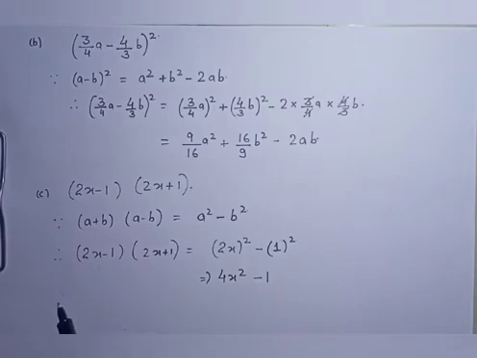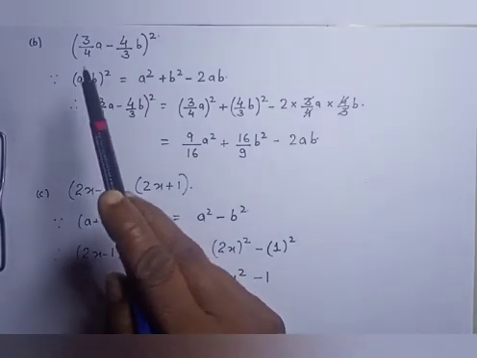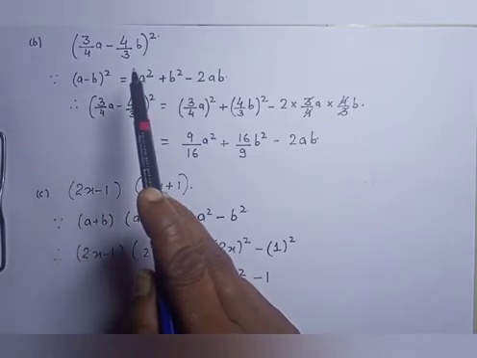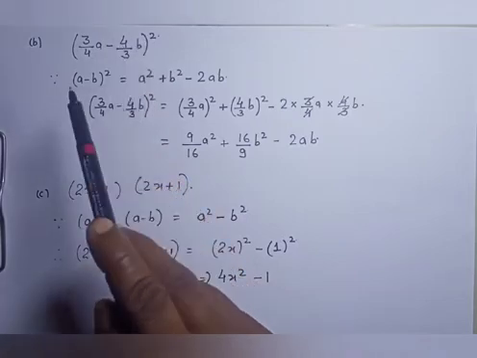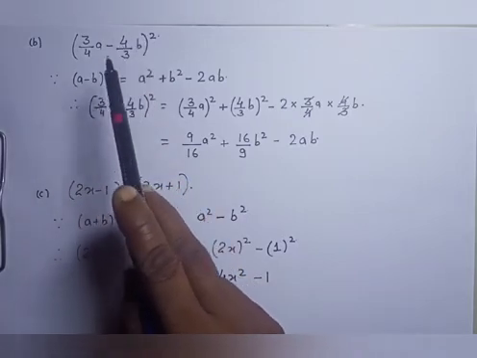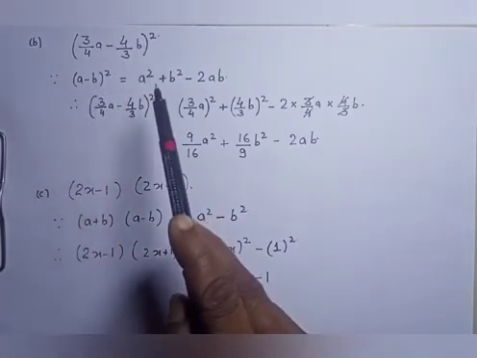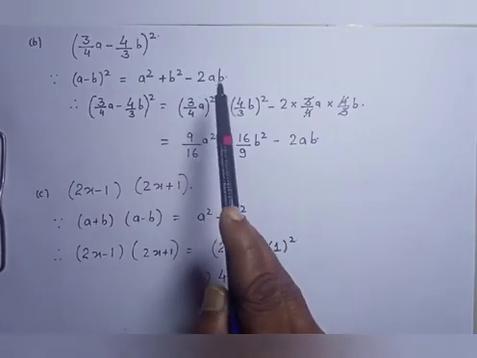Let us move to another example, that is (3 upon 4 a minus 4 upon 3 into b) to the whole power 2. As we all know the identity, (a minus b) whole power 2 is equal to a square plus b square minus 2ab.